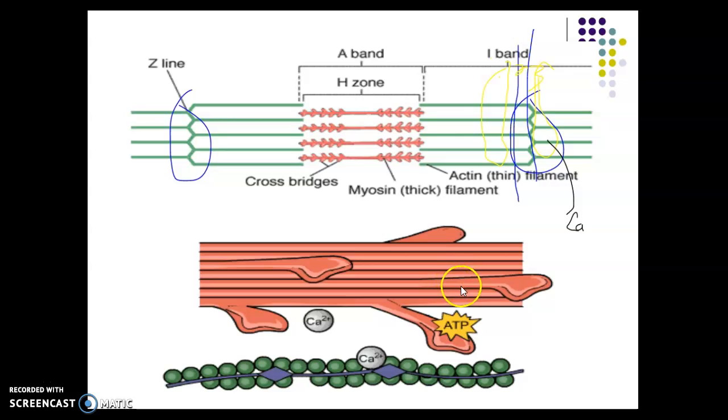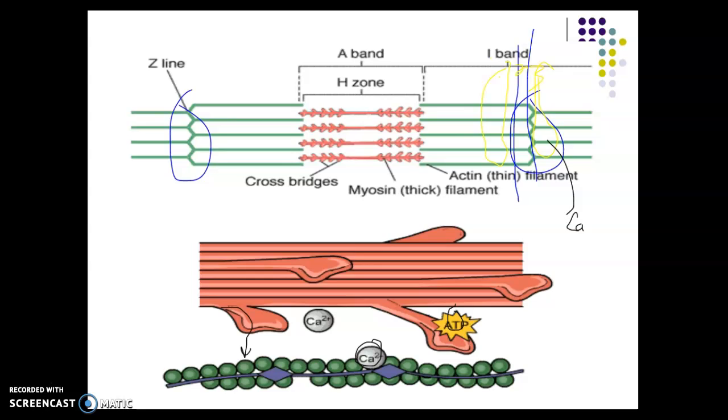So ATP, which is down here, is binding onto myosin and causing these myosin heads to basically stand up and be ready to grab on to actin. The calcium comes over and binds onto those 2 molecules I told you, troponin and tropomyosin, which are the bodyguards for the myosin binding sites on actin.